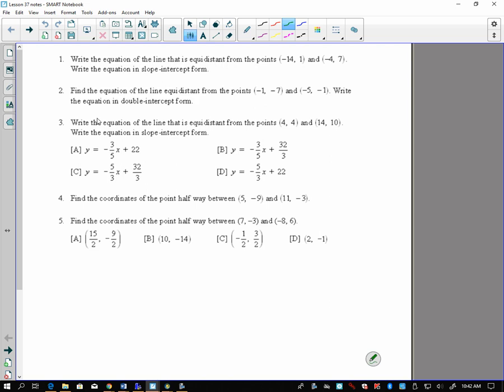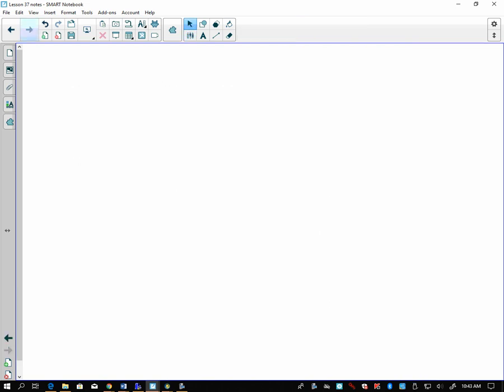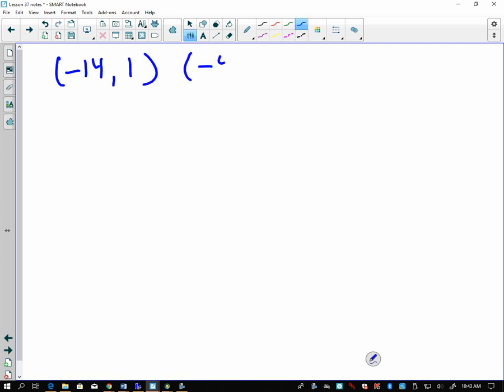First, perpendicular. I've got negative 14, 1 and negative 4, 7. I want something that's perpendicular to the line that connects those 2 points.